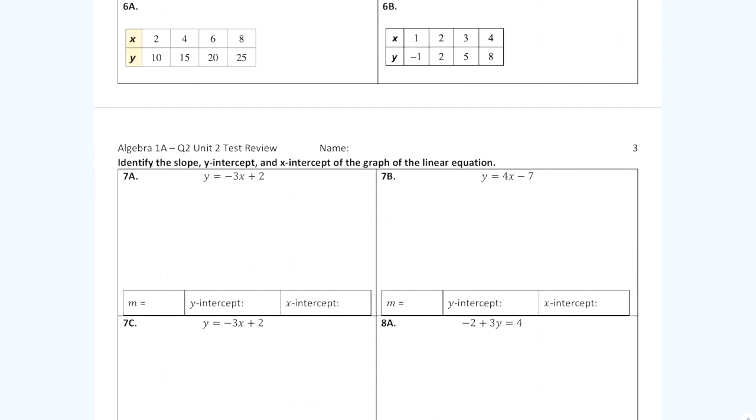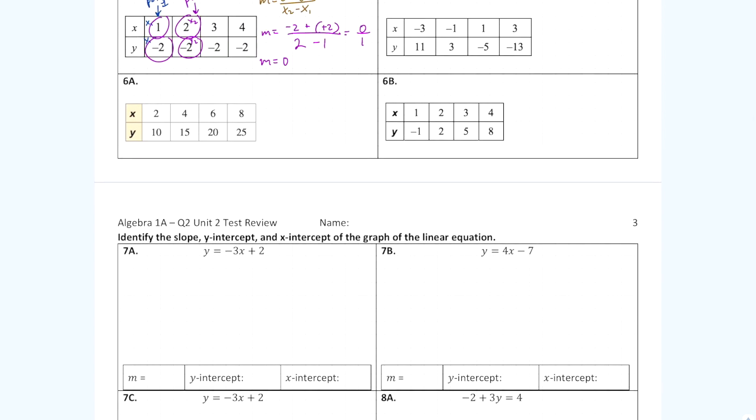Okay, continue on with 6. I want to do the same thing that I did up above in 5a. Pick any of the points that you want. I'm going to call this my point 1, and this my point 2. All right, therefore, I've got a point x1, y1 is equal to 2, 10, and x2, y2 is equal to 4, 15.